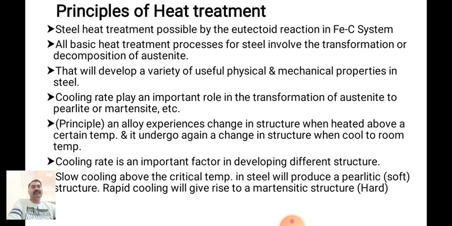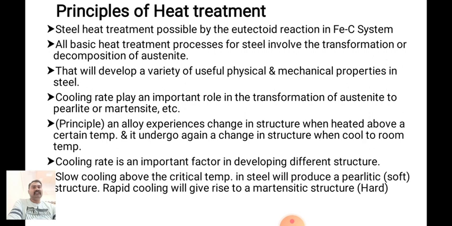Okay, all basic heat treatment processes of steel involve the transformation or decomposition of austenite. Means while studying the different heat treatment processes, there will be a transformation of austenite from one phase to another, and then the possibility of relieving the internal stresses and increasing the mechanical as well as electrical properties will be possible.